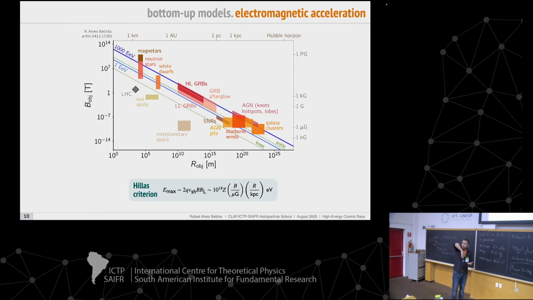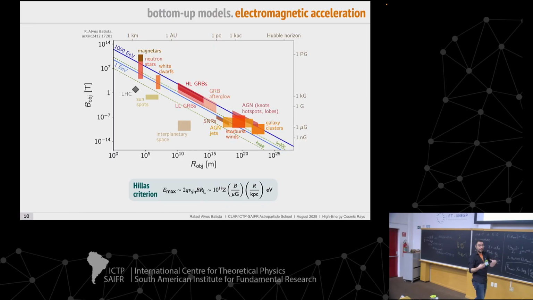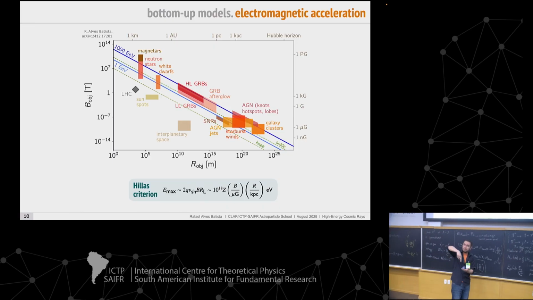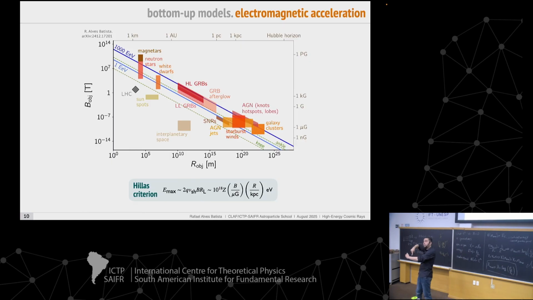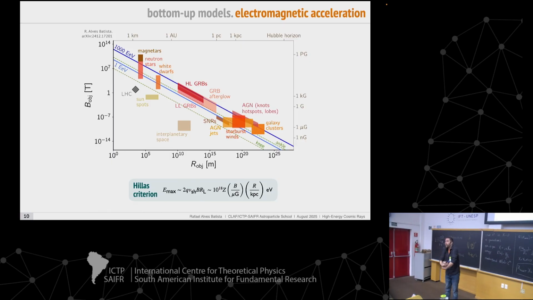It will stay trapped inside, so we'll never detect it. In order to detect it, we want the particle to leave the object. And how does the particle leave? Well, it gains a little bit of energy, and eventually the Larmor radius, or the gyro radius that this particle describes inside the environment, exceeds the size of the confining region, and the particle escapes.